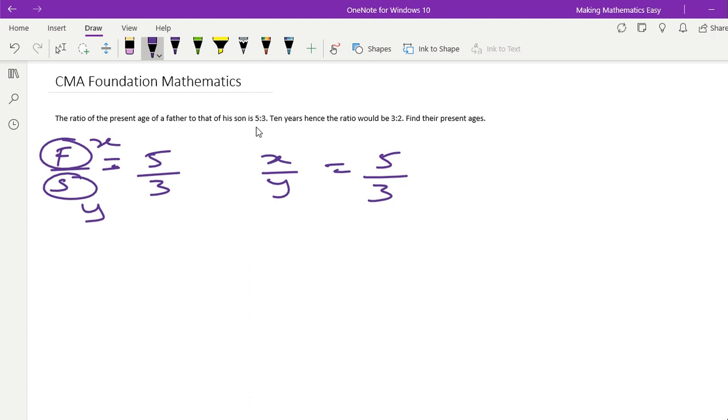Now what they have given is 10 years hence. Hence means 10 years after. 10 years after, the ratio would be 3:2.